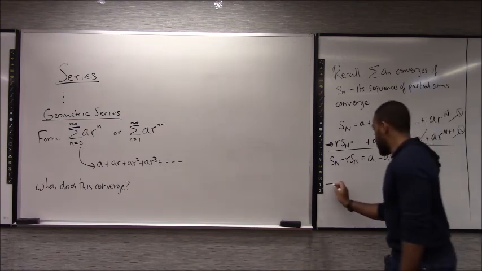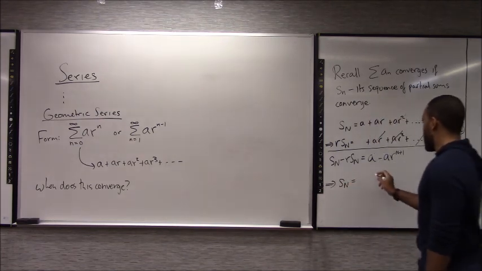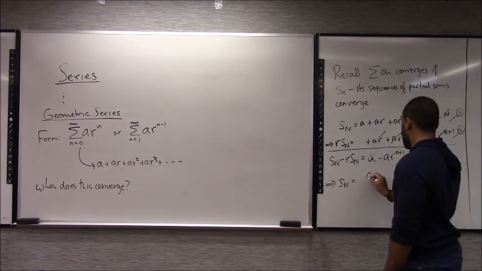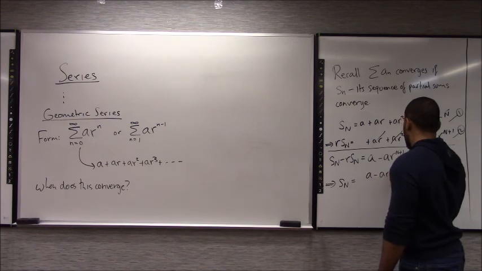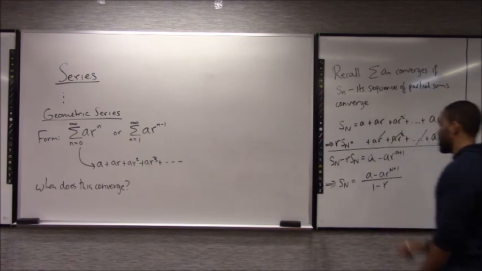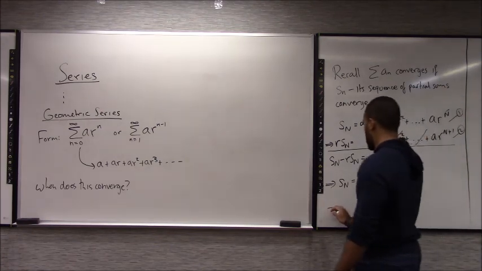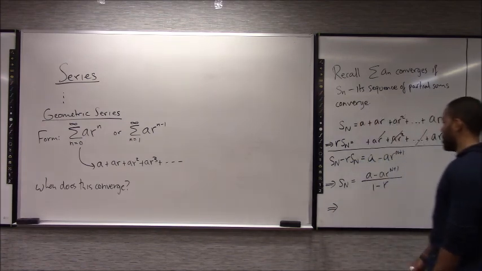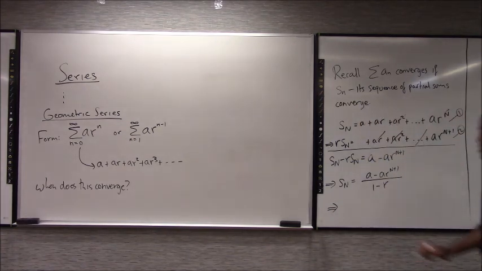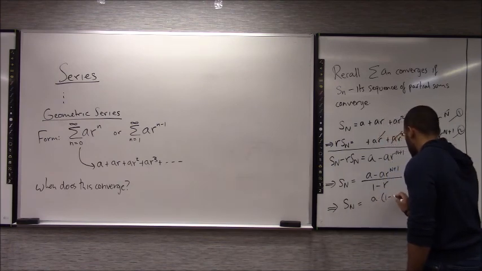So I can solve for a formula: s sub n is going to be a times 1 minus r to the n plus 1, over 1 minus r.